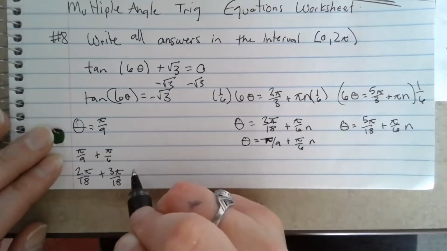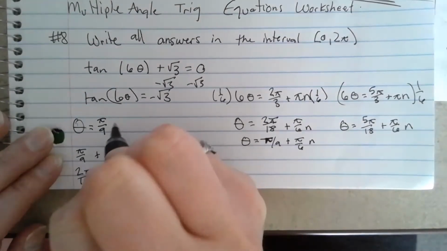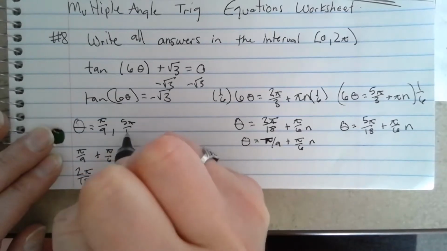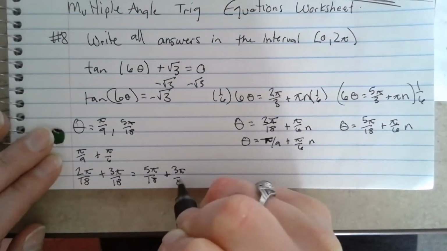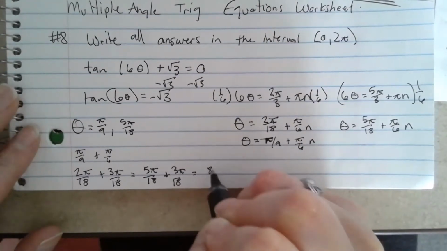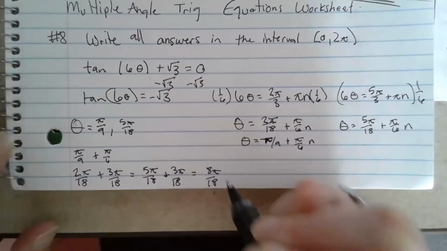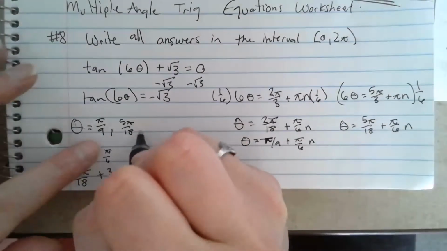Then if I add that, I get 5 pi 18ths. And then if I add 3 pi 18ths, sorry, I get 8 pi 18ths, and 8 pi 18ths is going to reduce to 4 pi 9ths.